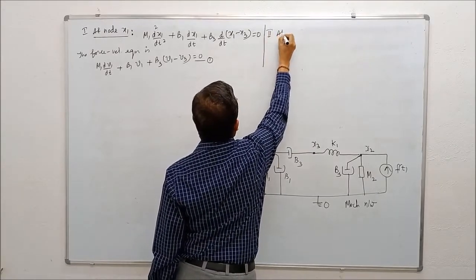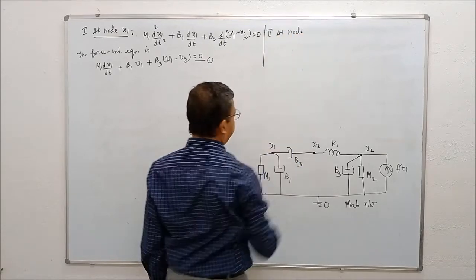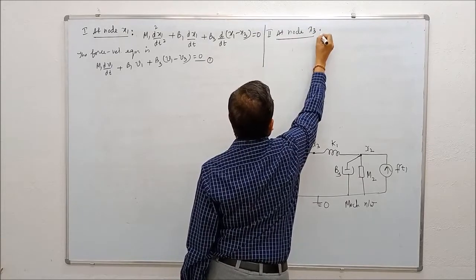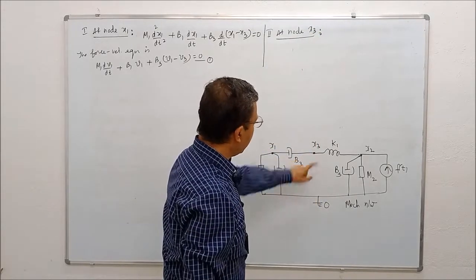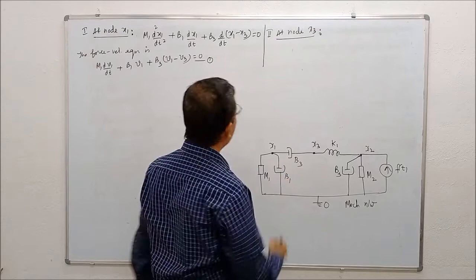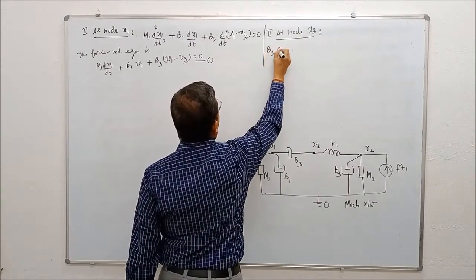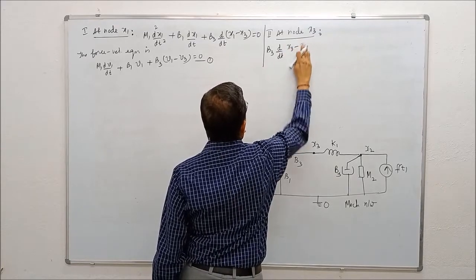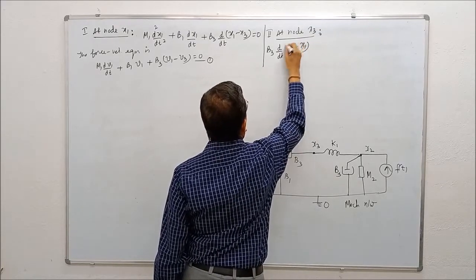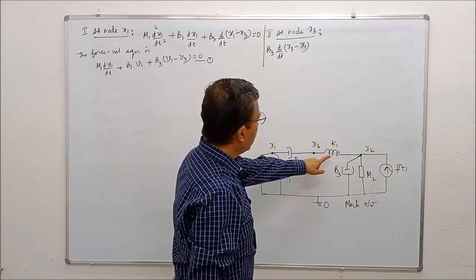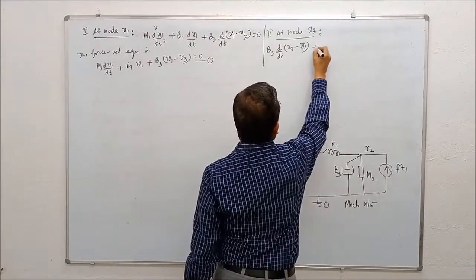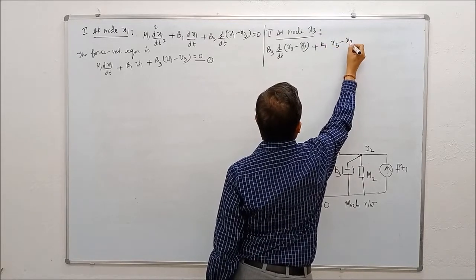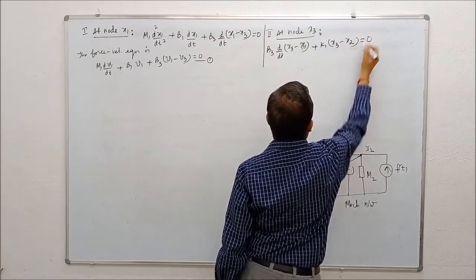Step 2, at node x3. At node x3, we have got only 2 elements connected. What is the force in B3? B3 into d by dt operating on x3 minus x1. What is the force through K1? Plus K1 into x3 minus x2 equal to 0.